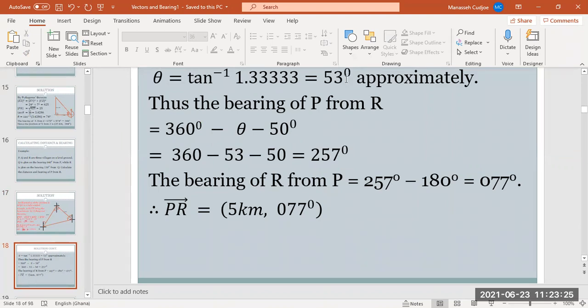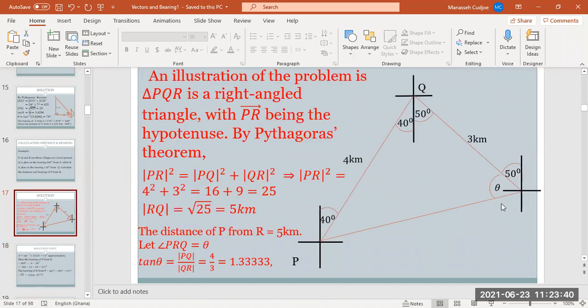Now, as I indicated, the whole angle is 360. So if I net out these two angles from 360, then what should remain should be the bearing angle. That's from north all the way to this place. That should be the bearing angle.